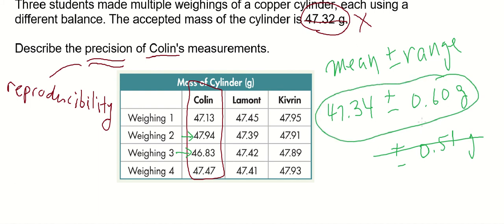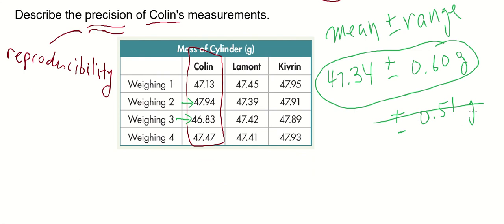So I'll try to illustrate visually what this looks like. Let's put the mean here. The mean is not a measured number, it's a calculated number, so that's my 47.34. We just added the 4 and divided by 4. There's grams again.